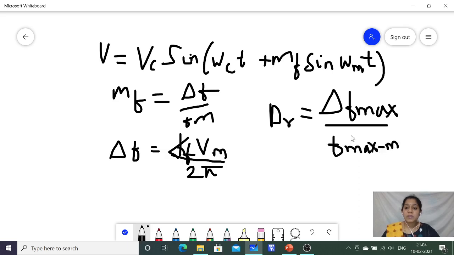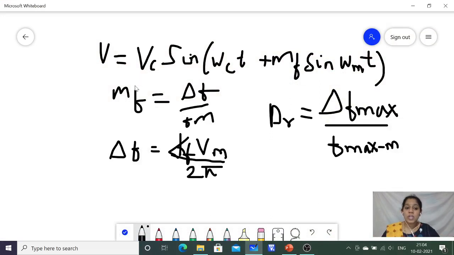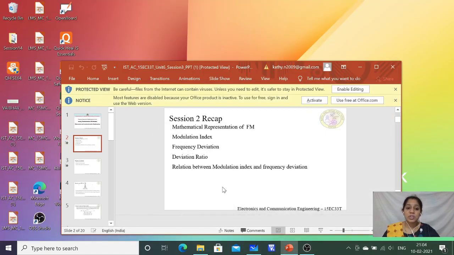And what is the relationship between the modulation index and the frequency deviation? The modulation index and frequency deviation are directly proportional. So these are the definitions that we have discussed in the previous session.